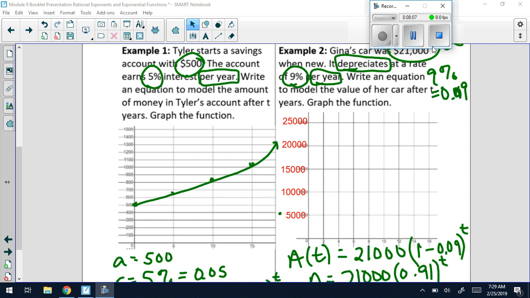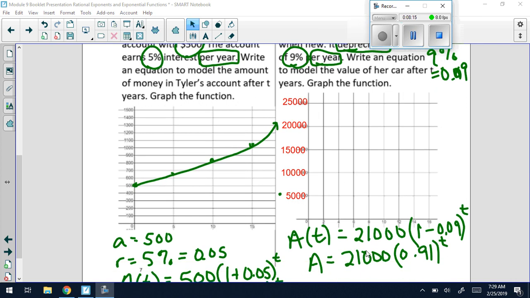I meant to have 25,000. So you really just need to add zeros in there, or you can just rewrite them. With my initial amount of 21,000, I know that I need to be somewhere around 21,000 on my scale. And I know I'm depreciating, so I need the values that are lower than that. All right, so fixing our scale, and then let's graph.